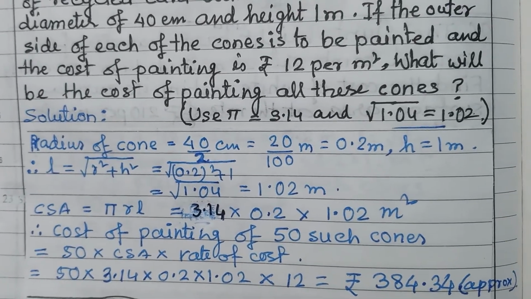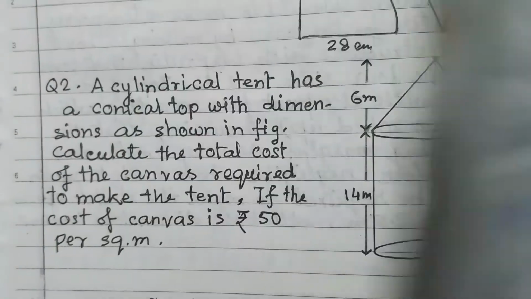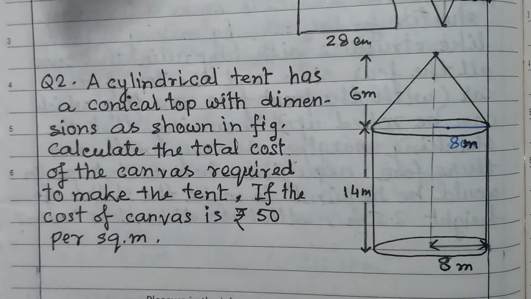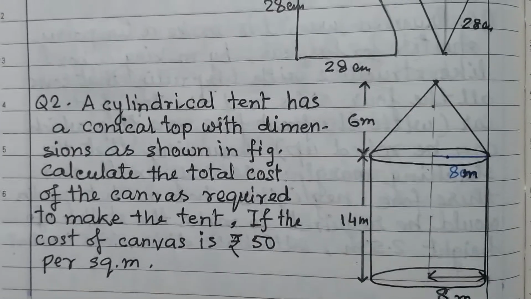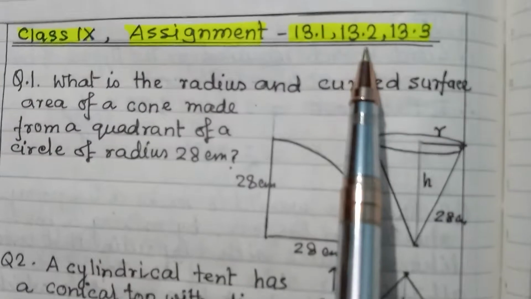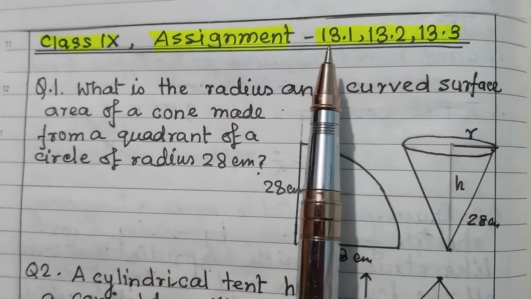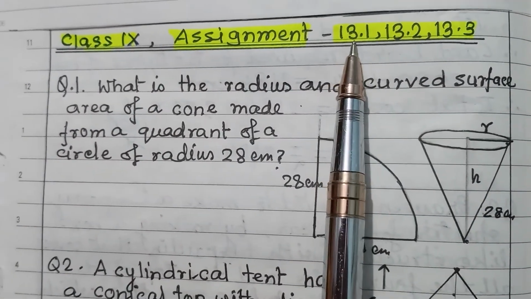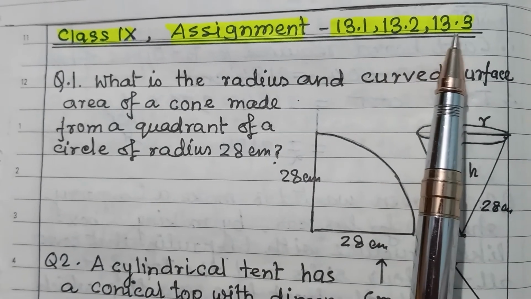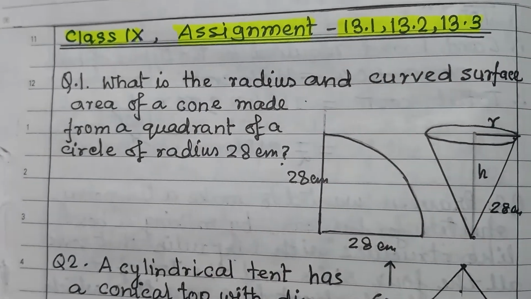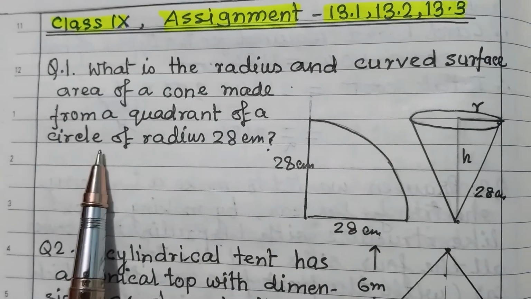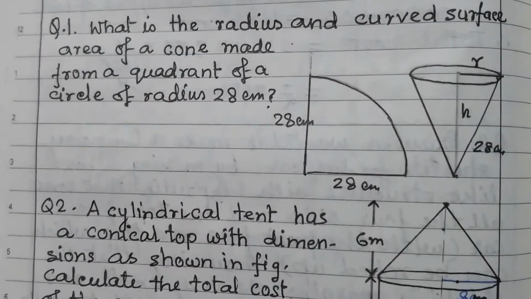Now this is the exercise. Now one assignment I have given here. See, the assignment of 13.1, 13.2 and 13.3. That means it is cuboid and cube, cylinder and cone. All three types of questions together I have given here. The first question. Now come to the second question.